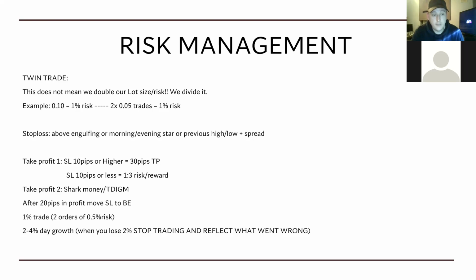And then take profit 2, we use shark money, or the TDI-GM technical indicator, which when used right shows us when market is going to turn around and reverse. So it gives you the best opportunity to take the most profits out of the market in that trade before the price reverses back towards obviously where you entered into the trade.